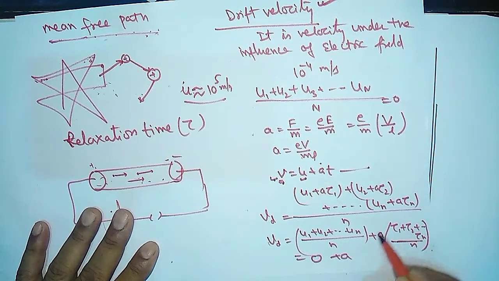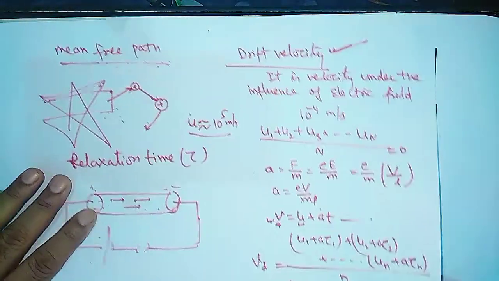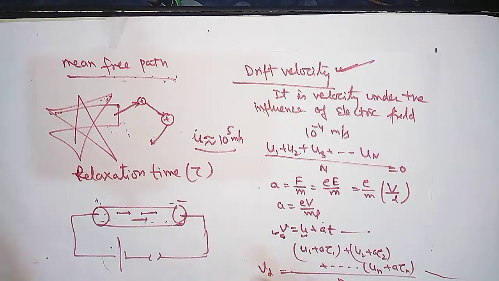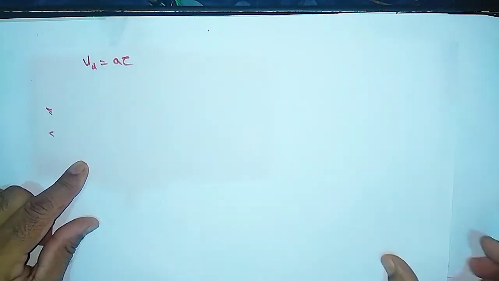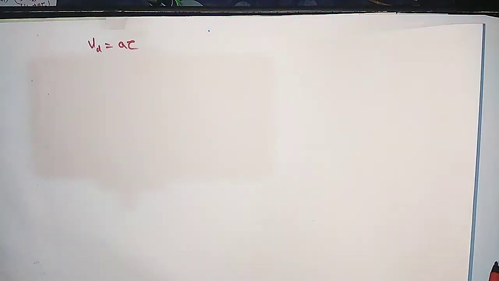And suppose this is the average relaxation time, we can write it as tau. So Vd is equal to a tau, which is the relation between the acceleration and the drift velocity. So this is the expression for the drift velocity.